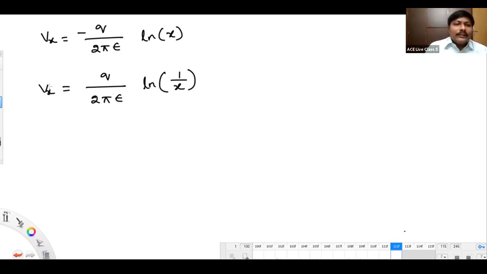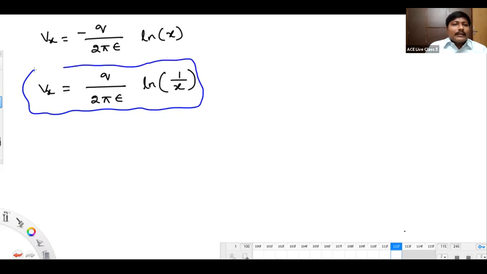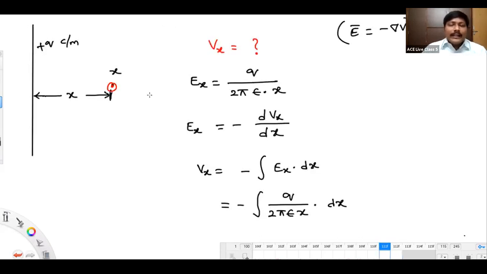But even if you consider those limits, you still end up with this type of expression for Vx. Vx equals Q by 2 pi epsilon into natural logarithm of 1 by x. That's the voltage at a point x beside the line charge.